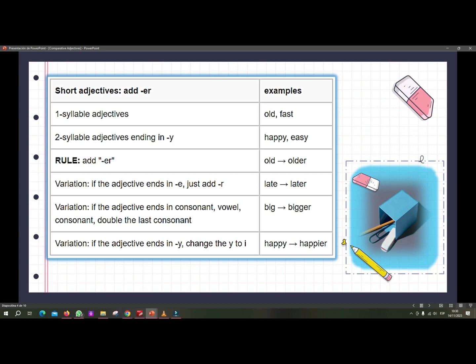Entonces, cuando tengamos un adjetivo que tenga esta característica consonante, vocal, consonante, usted va a duplicar la última consonante y le va a agregar ER. If the adjective ends in Y, change the Y to I. En el caso de que el adjetivo termine en Y, usted va a cambiar esa Y por I y le va a agregar ER.